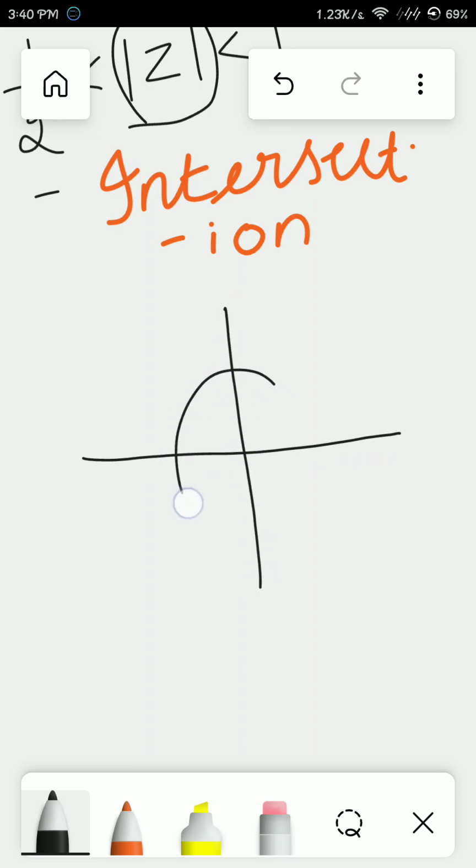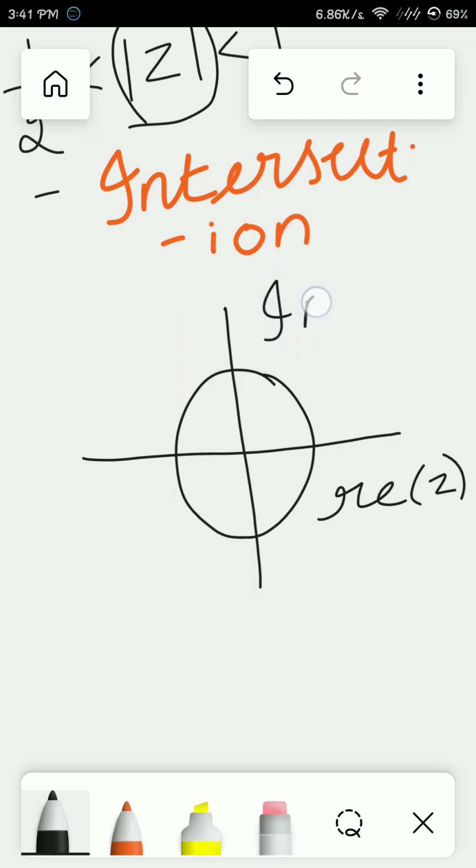There is a circle in the Z plane, and this is the real of Z, and this is the imaginary of Z, right? Therefore, you are going to draw another circle, and here you take your 1/2.